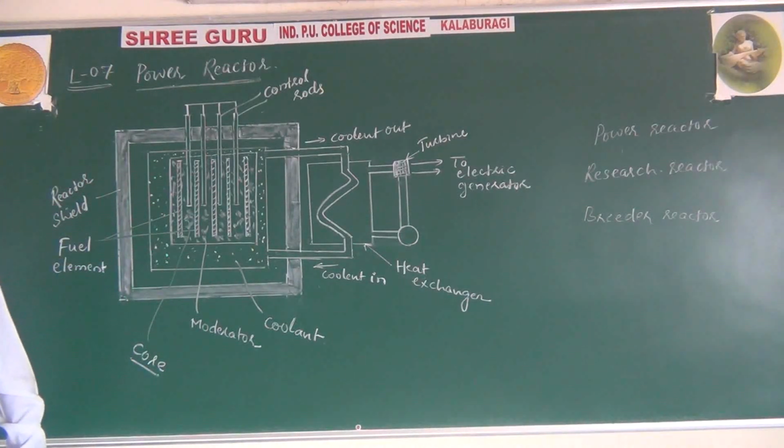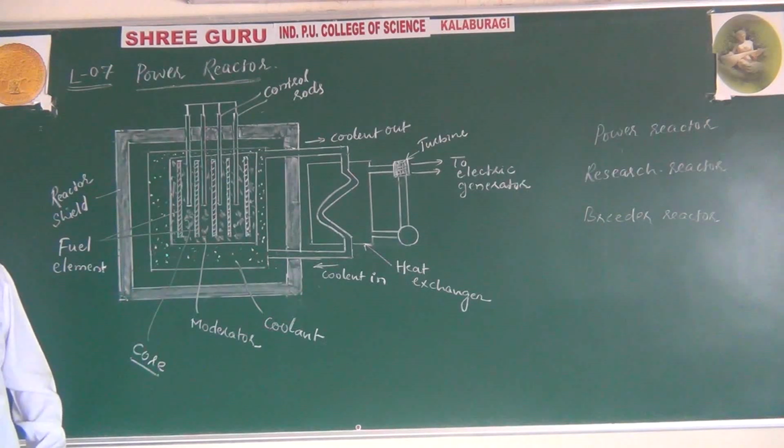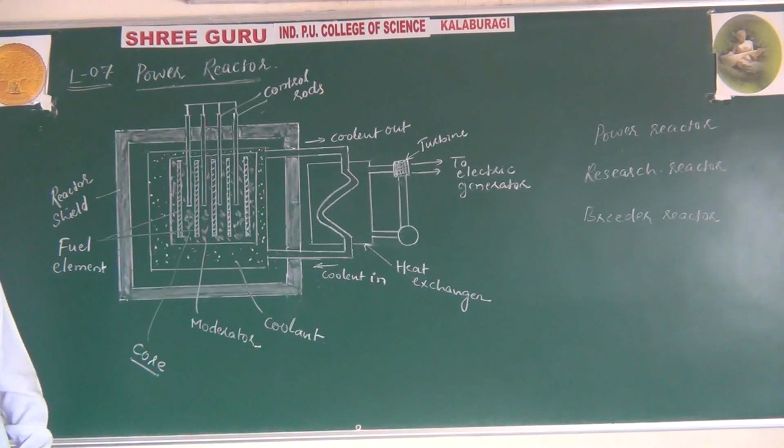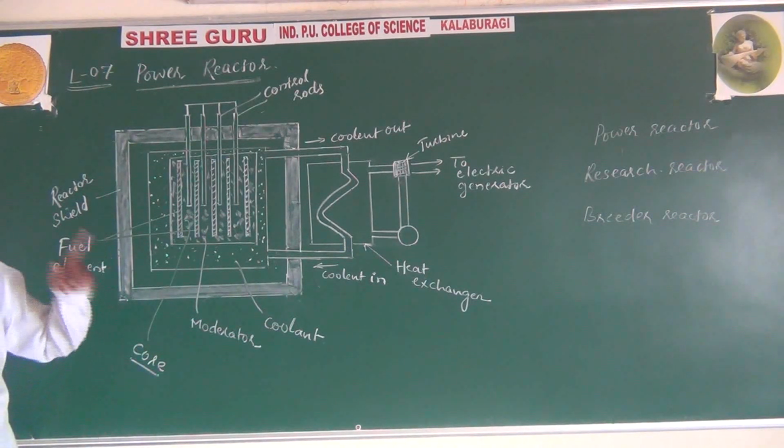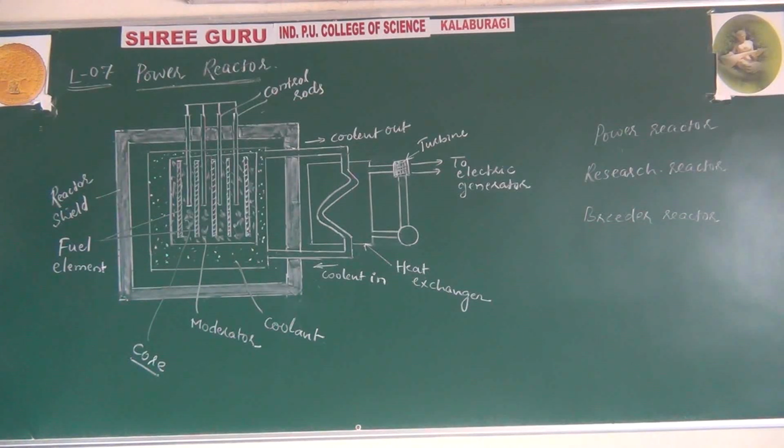Whereas the breeder reactor is used to produce reactor fuel, the fuel which is necessary in a nuclear reactor. Especially for your syllabus, you have only the power reactor, in which electrical energy is generated by the phenomenon of nuclear fission controlled chain reaction.